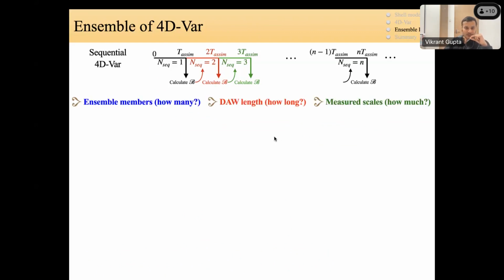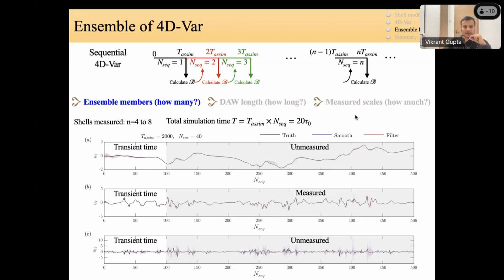Now we are going to ask a few questions: how many ensemble members do we need, what should be the length of the assimilation window, so this TSM, and how much do we need to measure to be able to have a good estimation of turbulent fluctuations. So let's look at the first question first, the number of ensemble members.